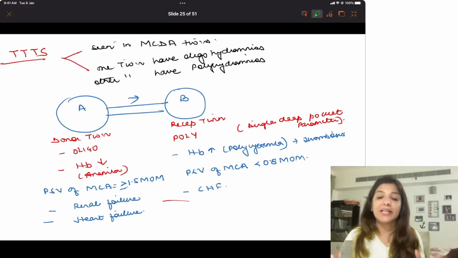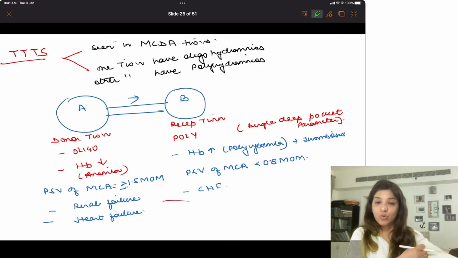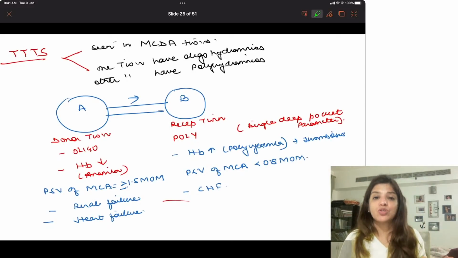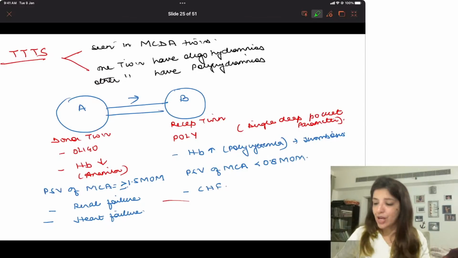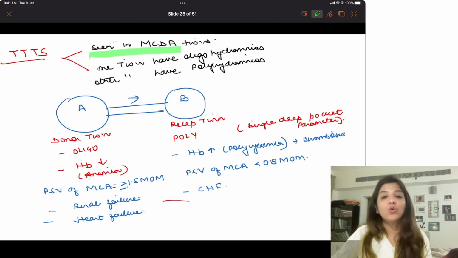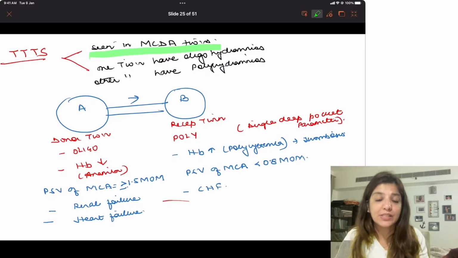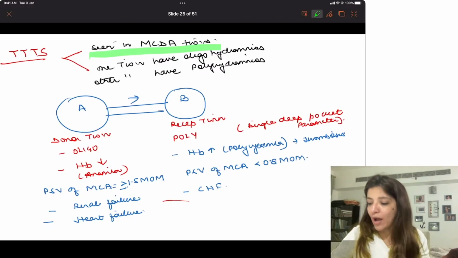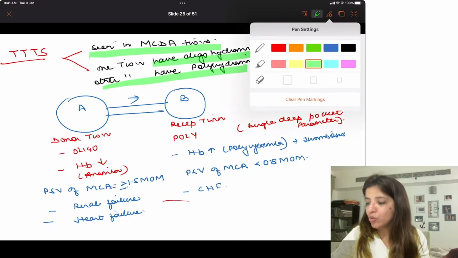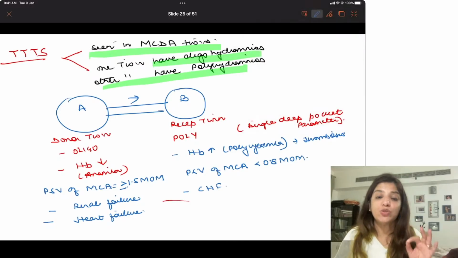So first, let's quickly talk about twin-to-twin transfusion syndrome. Now, the diagnosis is going to be made on ultrasound, and on ultrasound, if you have monochorionic diamniotic twins, and in one twin you have oligohydramnios and other twin has polyhydramnios, then you make the diagnosis of twin-to-twin transfusion syndrome. So monochorionic diamniotic twins, one twin with oligo, other twin with poly.